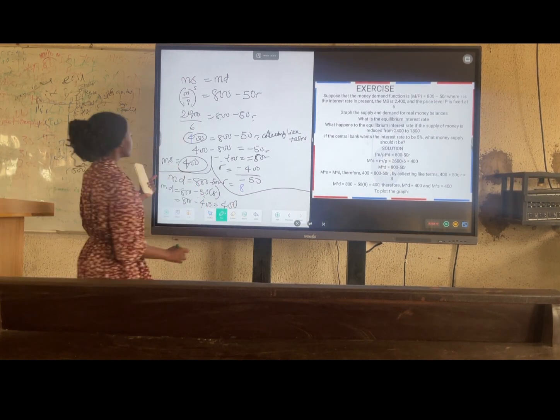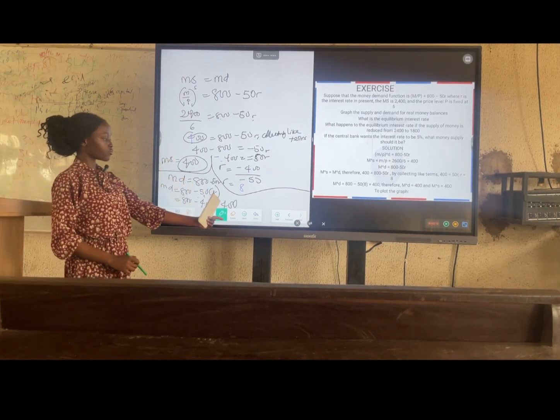So yeah, my money supply is 400 and my money demand is also 400.